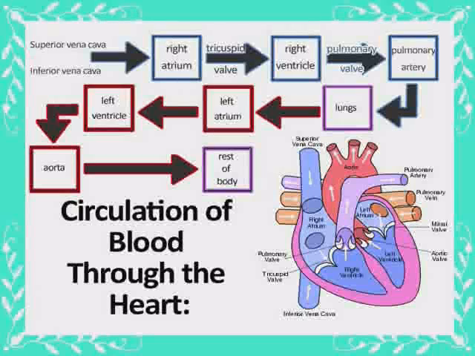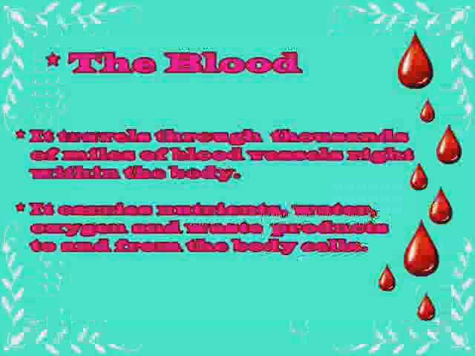It returns from the lungs through the pulmonary veins to the left atrium, where it is pumped through the mitral valve into the left ventricle before leaving through the aortic valve to the aorta.